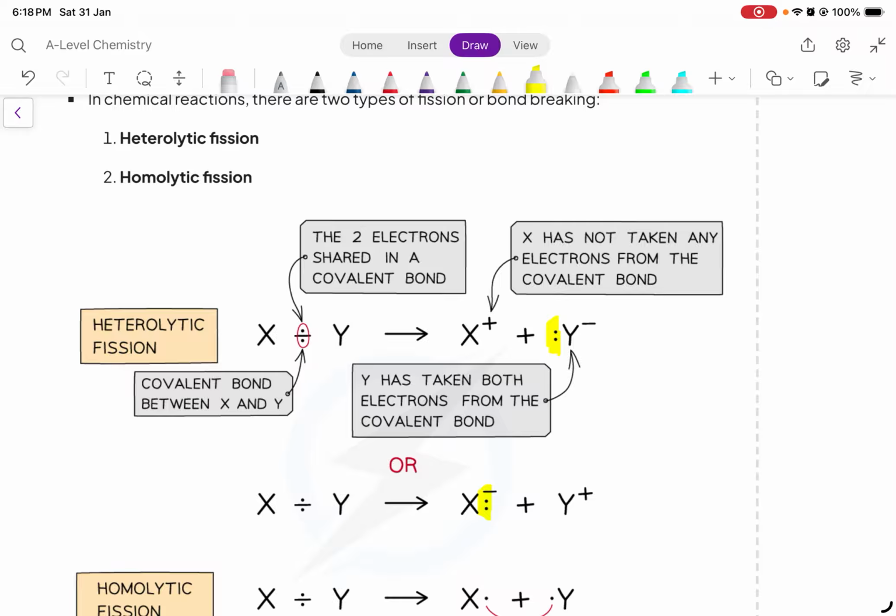Not necessarily a lone pair, but one of the atoms will be taking the entire electrons. It dominates all the electrons, and this is called heterolytic fission.